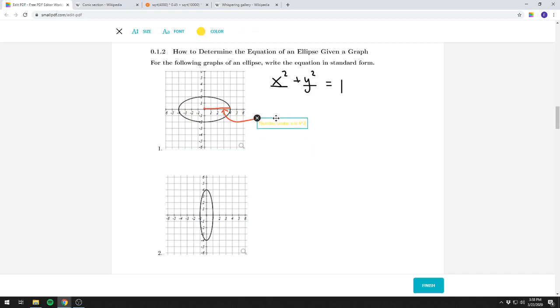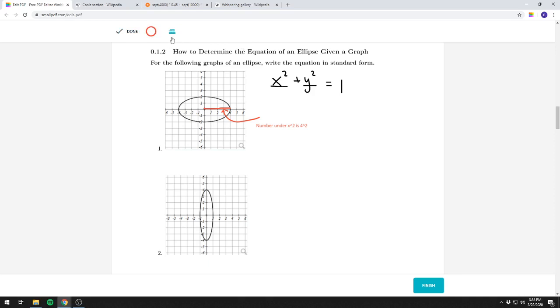And so whether it's actually a or b here doesn't specifically matter, just because we're plugging numbers into the equation, we're not actually dealing with what's the focus and all the other special things. All right, so the number under the x squared is 4 squared, which is 16.